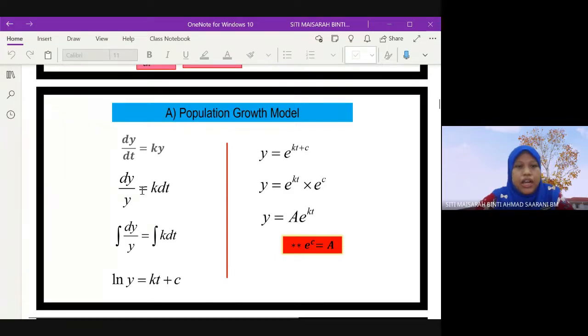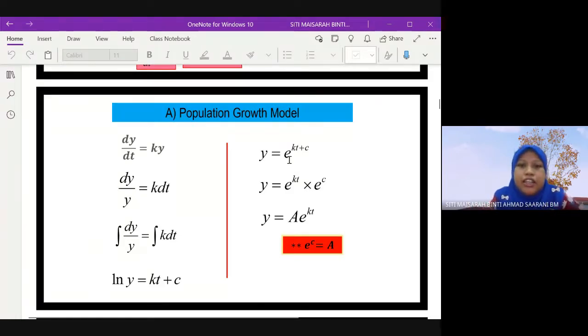So jadi kita boleh asingkan dia. So dia akan jadi dy over y equals to k dt. So then kita integrate both side, we get ln y equals to kt plus c. So then make y as a subject, which is e both side, we get y equals to e power kt plus c.